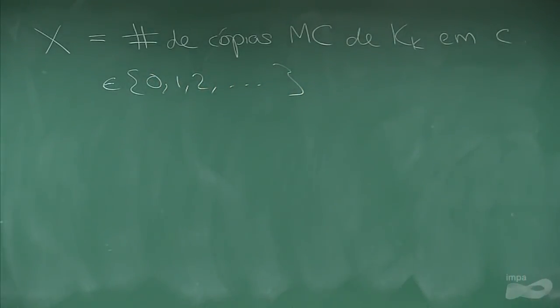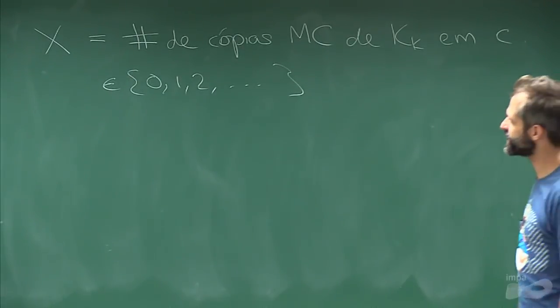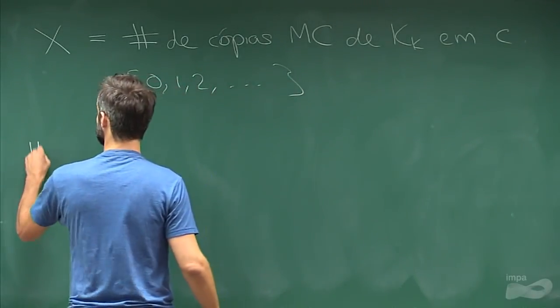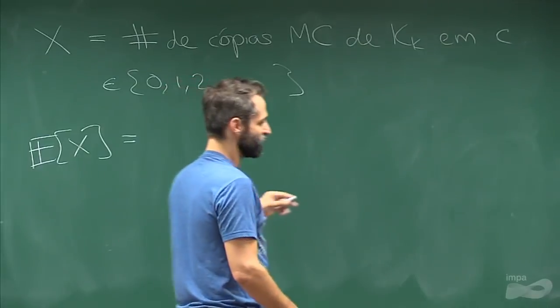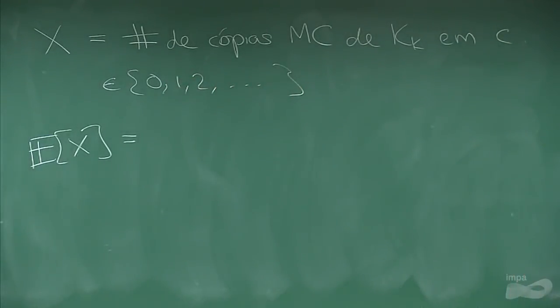It's a non-negative integer, but it's a random one. We've got some distribution over the colorings, and given a coloring, this is a function of the coloring. So it's a random variable. So what's the expectation of this random variable? What's the average of the random variable?